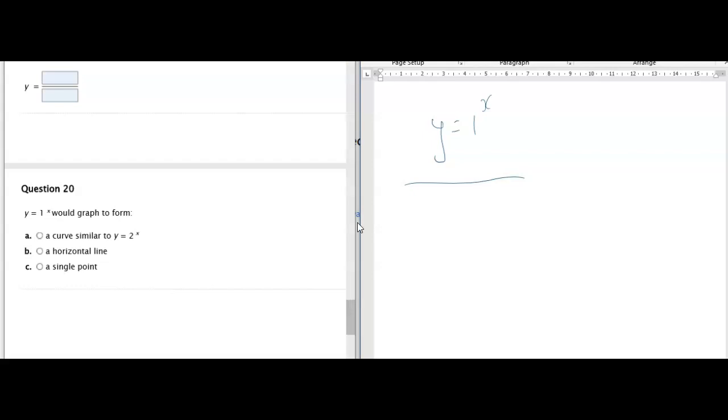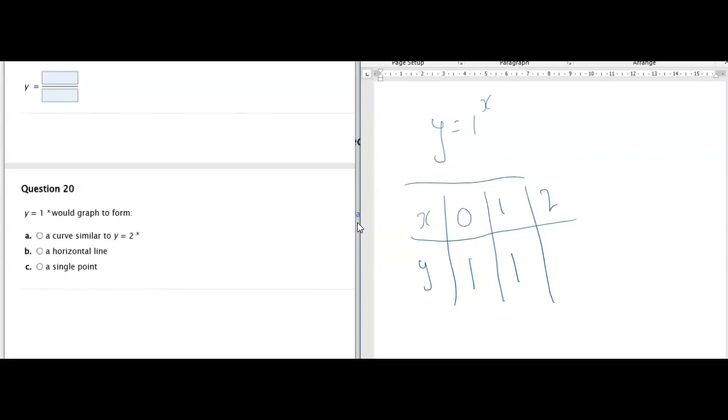So let's think about different values of x. Let's even just draw up a table. You don't have to do this to solve this question, but it's just an understanding of what is happening here. If x equals 0, we've got 1 to the power of 0, which is 1. If x equals 1, we've got 1 to the power of 1, which is 1. Then x equals 2, y to the power of 2 is 1.